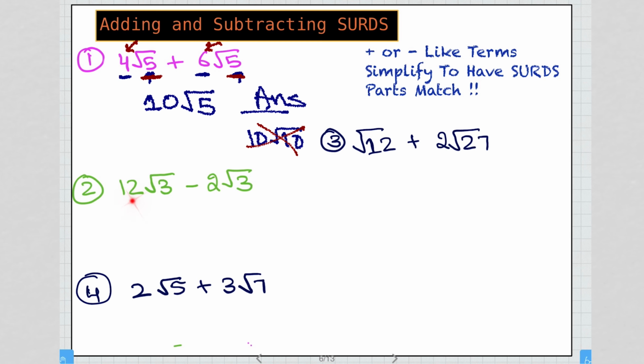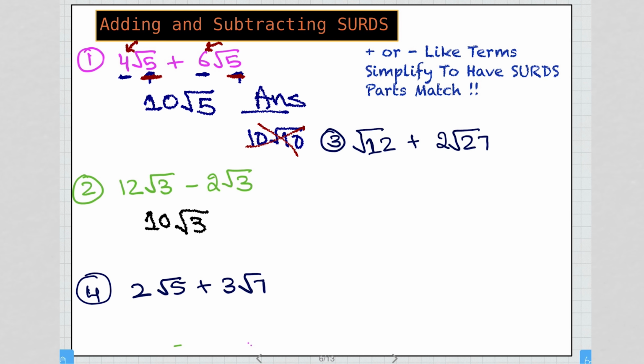Please always check that root 3 and root 3 are both the same. And what I can do is 12 minus 2 gives me 10, and then just write root 3 as it is. So compared to multiplication, it's very easy to evaluate SURDS using adding and subtracting.